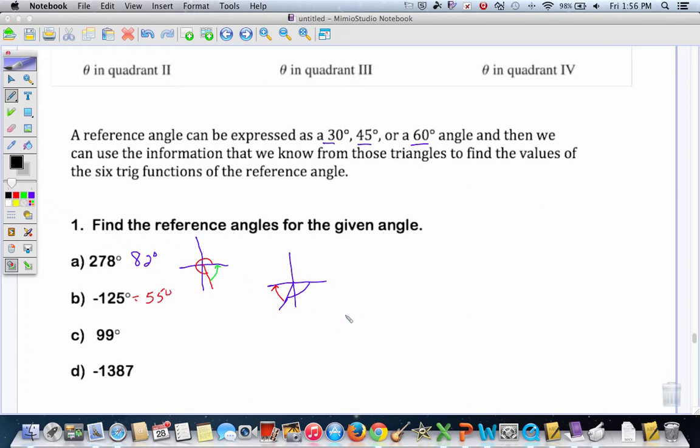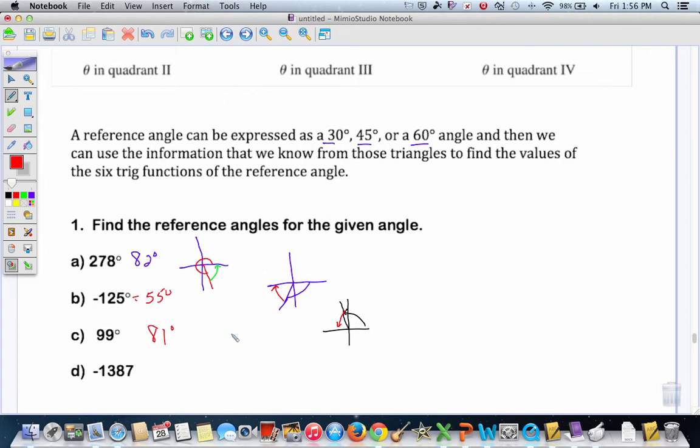Continuing on here with these last couple, 99 degrees would be just past the y-axis in a counterclockwise direction, so positive angle. Again, our reference angle is measured from here to here, so our reference angle would be 81 degrees. Noting that all these angles here are positive acute angles.